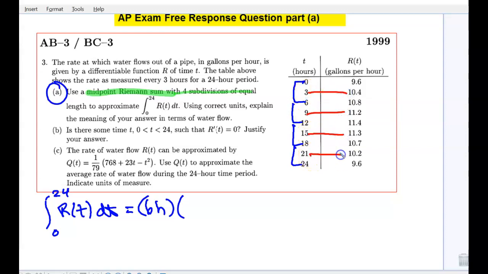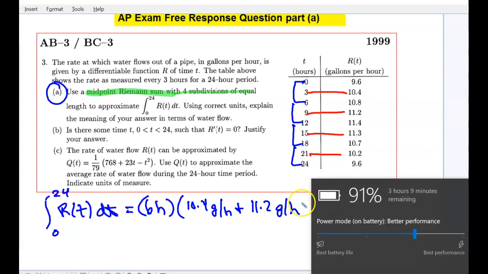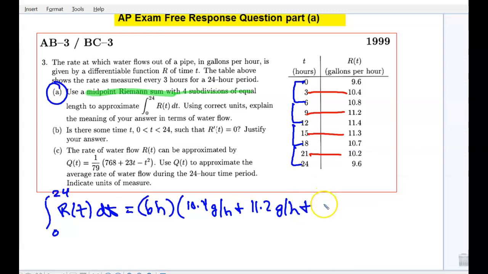And now I want to again use a midpoint, so I take the middle of each of these to get my heights. So my first height is going to be 10.4 gallons per hour plus 11.2 gallons per hour plus 11.3 gallons per hour plus 10.2 gallons per hour.